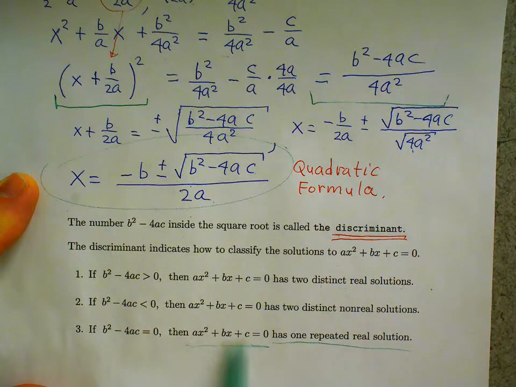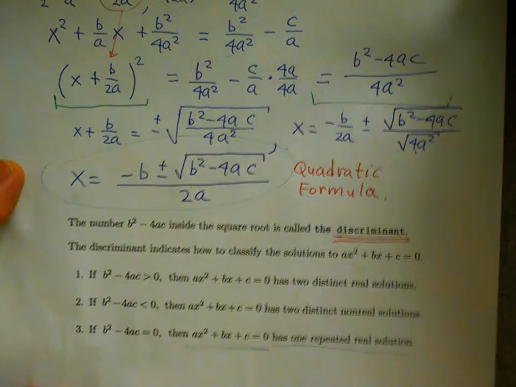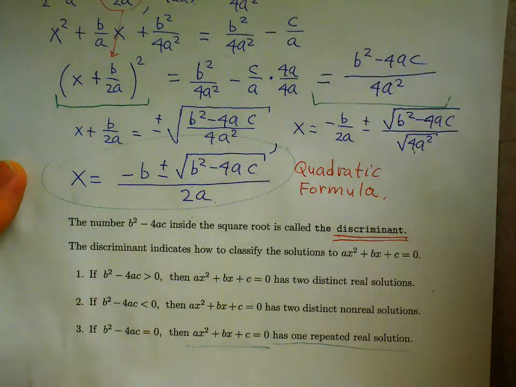Either the trinomial is a perfect square trinomial, or it is a constant multiple of a perfect square trinomial. So whenever the discriminant is 0, there is a perfect square trinomial in there somewhere. Okay, we'll do a number of examples where we apply the quadratic formula.